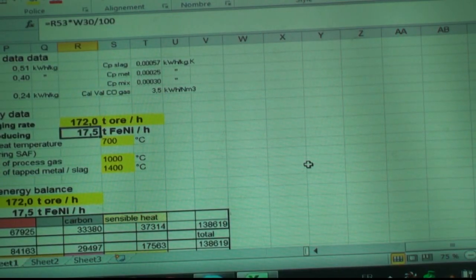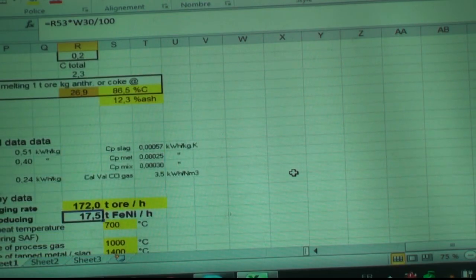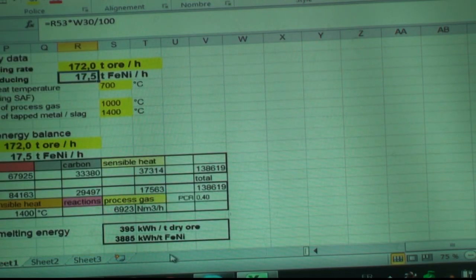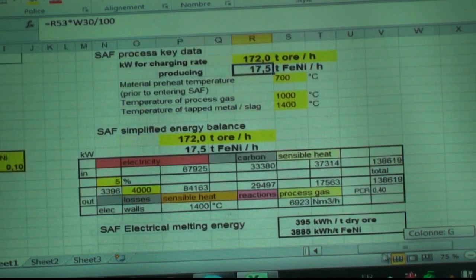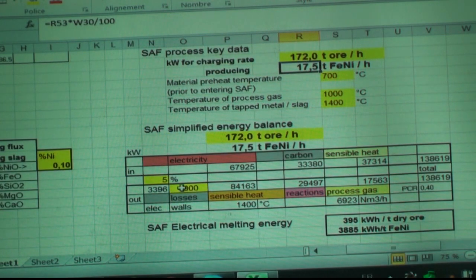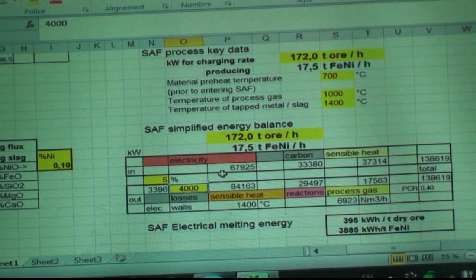Okay, there is something I don't understand very well because they have more metal. I think there is something in the input which is not correct. And the other remark is, you see here, it's roughly the double power from the power we had in the other sheet.